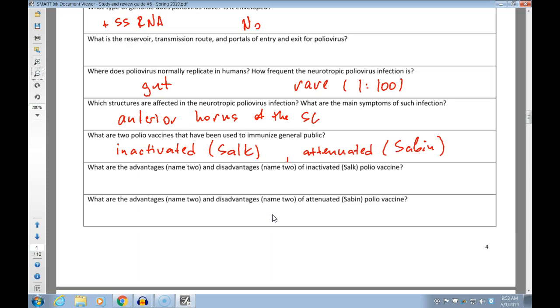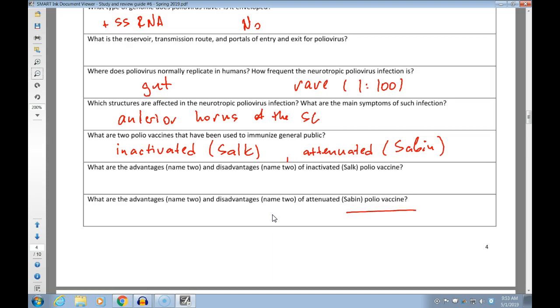Advantages of inactivated: safe, efficient. Disadvantages: provides kind of worse immune response, requires multiple boosters. So you flip advantages and disadvantages and get Sabin.